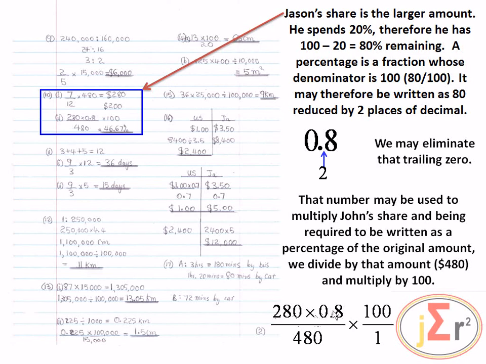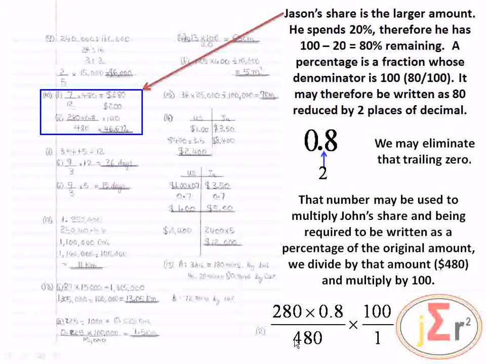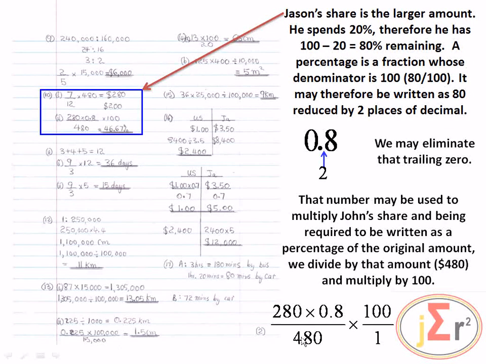But whatever that new amount is, it is to be written as a percentage of the total amount of money that was shared. Therefore, that product is required to be divided by $480. And in our normal manner of finding the percentage, we multiply by 100. So, this is Jason's share of the profit.